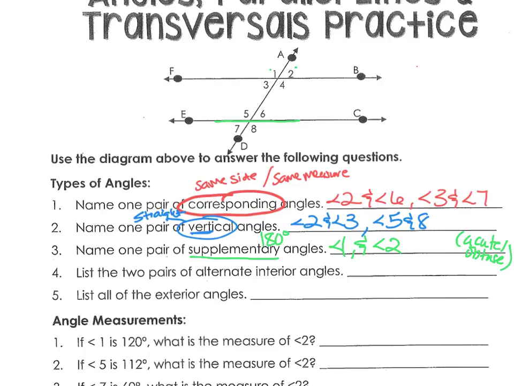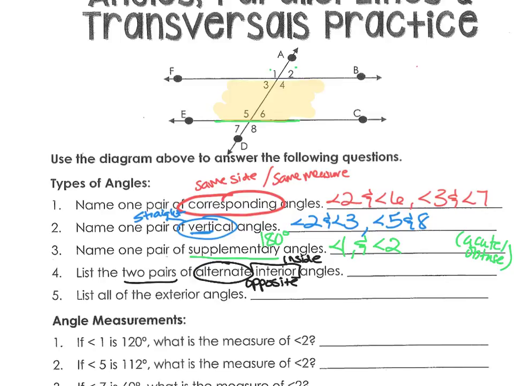Number 4, list two pairs of alternate, so opposite, interior angles. So interior means inside. So alternate interior angles. If we're looking at the interior angles, we're just looking at what's inside the parallel lines. So think of it as a sandwich. This is your meat and your cheese. This is the inside of your sandwich.